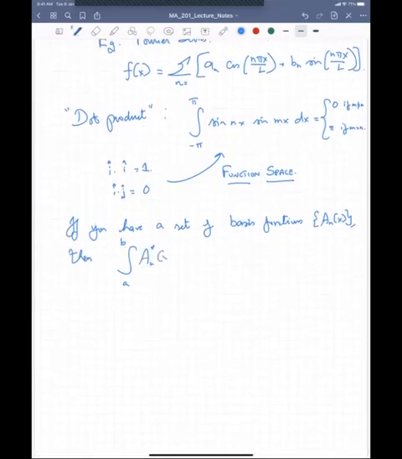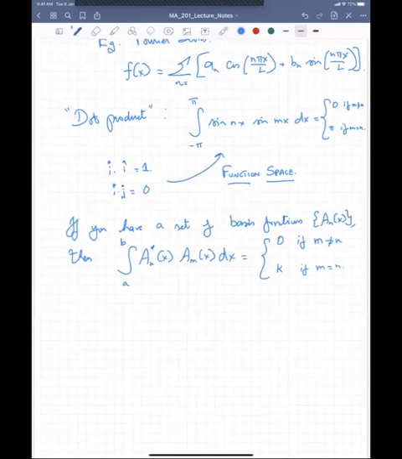The integral of a_n star a_m of x should be equal to 0 if m is not equal to n, and some constant k if m equals n. Now we might worry that this constant k is not 1, but I can always normalize these functions by the square root of k. So I can claim that the functions I have are not a_n, but 1 over square root of k times a_n, in which case this k vanishes and you just have 1. So this is the dot product that the basis functions have to obey.